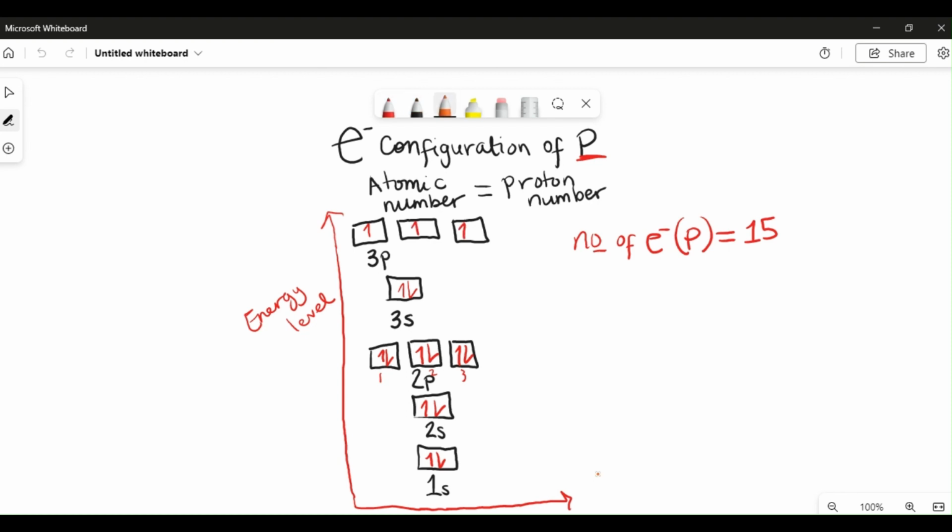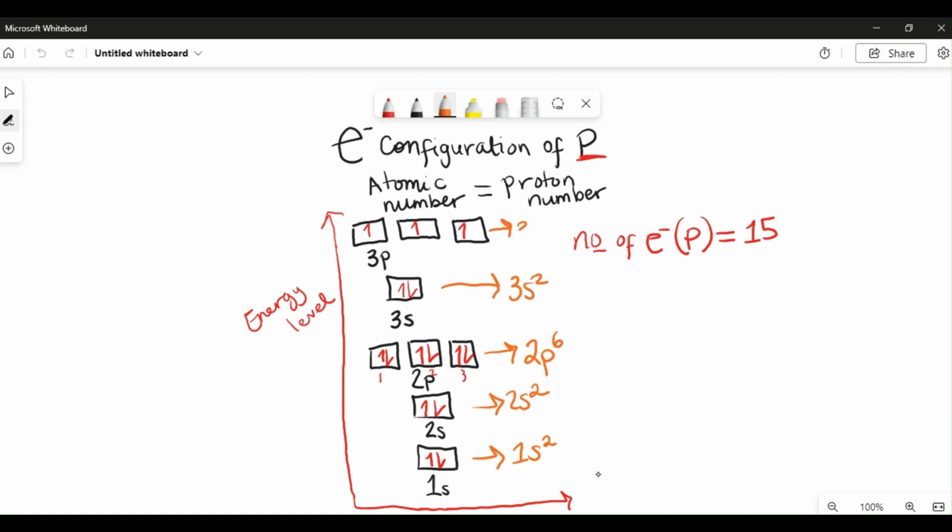So we end up with this being 1s, and then you have 2s. So it's not just 1s, it's 1s2 because we've got two electrons in this orbital. And then we have 2s2 because we've got two electrons in this orbital. Then we have 2p6 because we've got a total of 6 electrons in the three orbitals. And then we've got 3s2 because we've got two electrons.